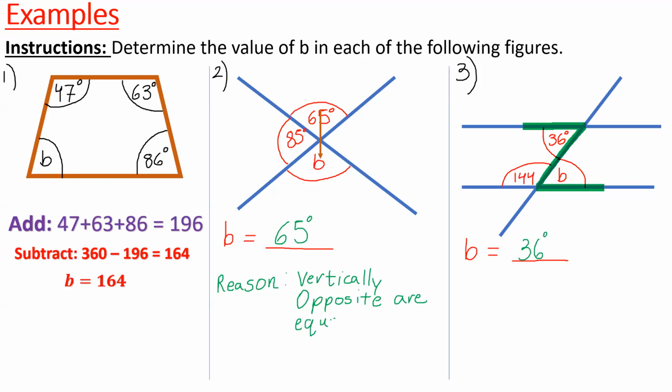All right, and then for number 3, what is the reason that B is equal to 36? Alternate angles, they form a Z shape. Alternate angles are what?